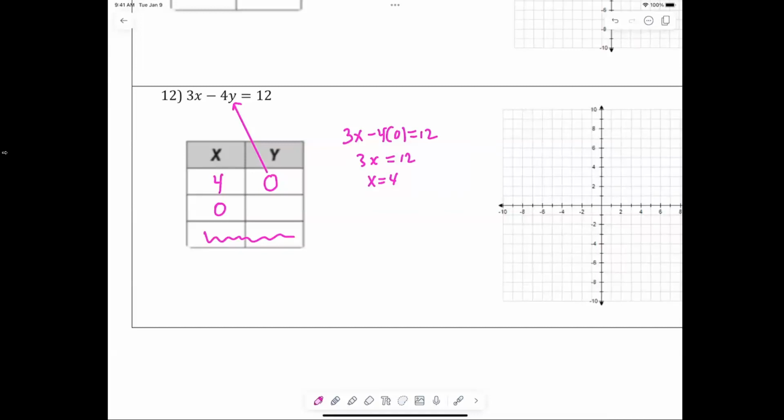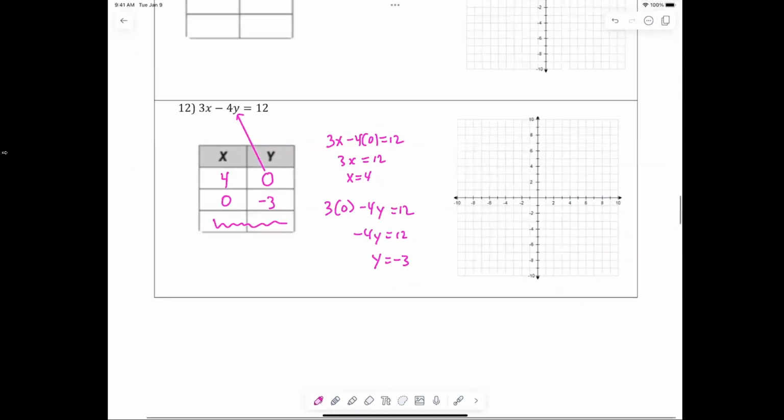4. Now I'm going to plug 0 in for x. So 3 times 0 minus 4y equals 12. Negative 4y equals 12. So y equals negative 3. So now I put negative 3. Now plot those points. 4, 0.